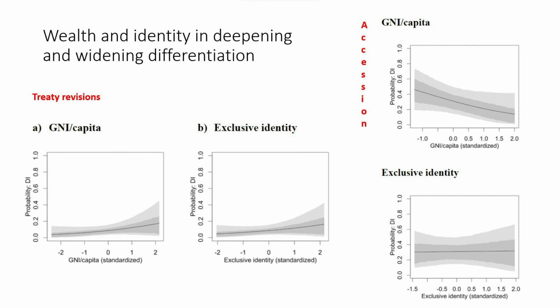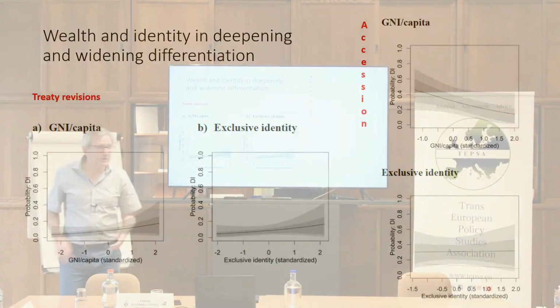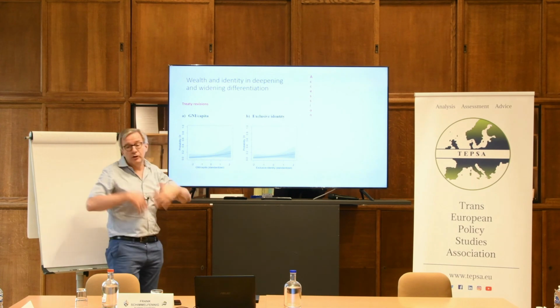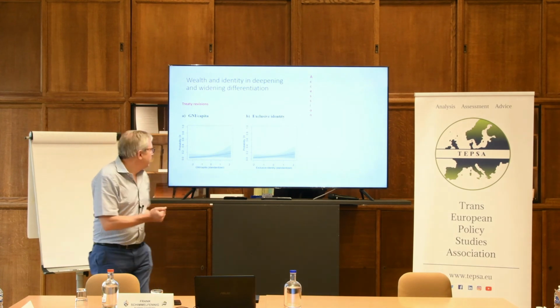And this is what this shows. The baseline probability is never high, because differentiation is always a rare event. But we clearly see that countries that are poorer than the average have a lower probability than countries that are richer than the average. And the richer you become, the more likely you will also have an opt-out.